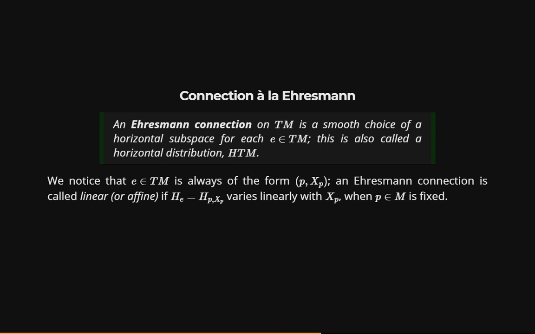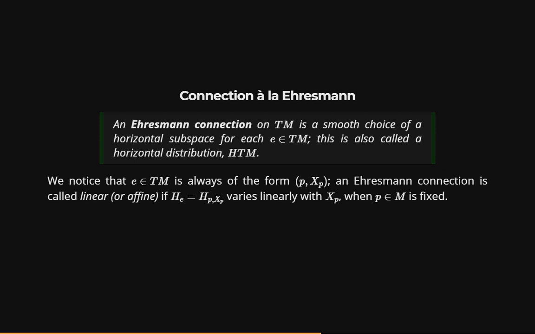An Ehresmann connection is called linear or affine. Well, here it depends. The names vary a lot. If H, as a function of the point on the manifold and the tangent vector to the manifold, varies linearly with the tangent vector. So if you fix the point on the manifold and just change the tangent vector, in principle you have different points of the tangent bundle, and you have different horizontal distributions in the tangent of the tangent bundle.